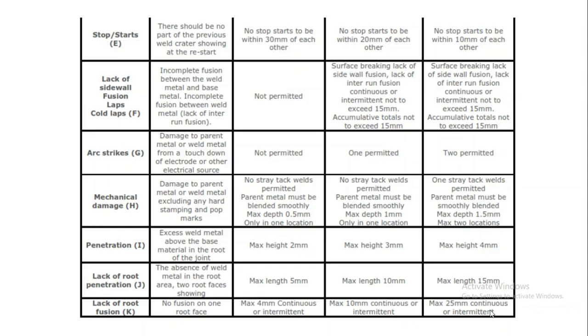Any mechanical damages, if sharp, is rejected. It should be smoothly blended. And the maximum depth they are allowing is 0.5 mm. That also they are allowing in only one location. If it has exceeded, or if you notice it in multiple places, then it is considered as a rejection.